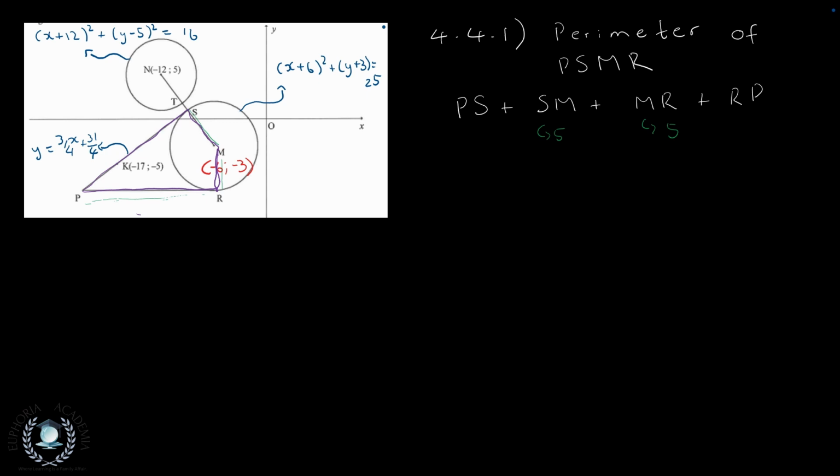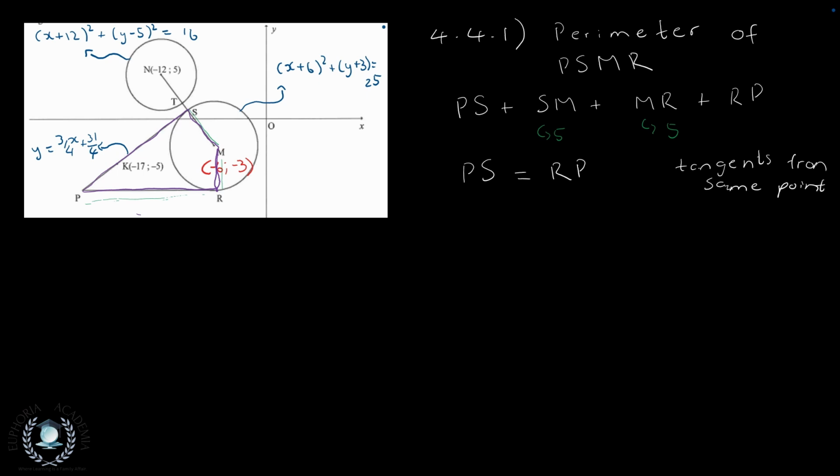So we already know that PS is equal to RP because we have tangents from the same point.